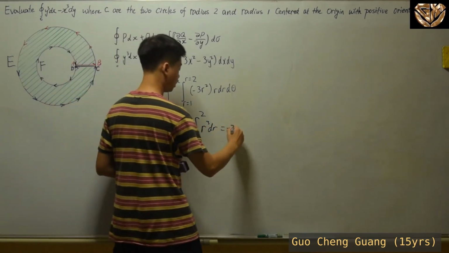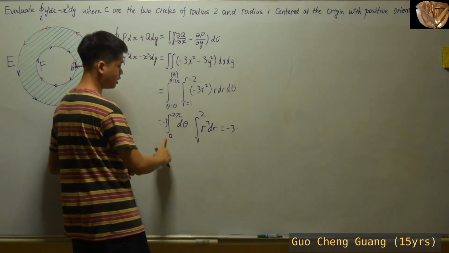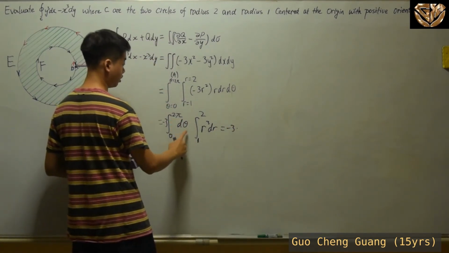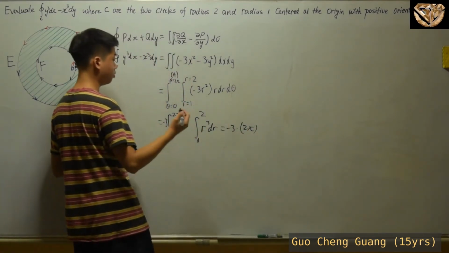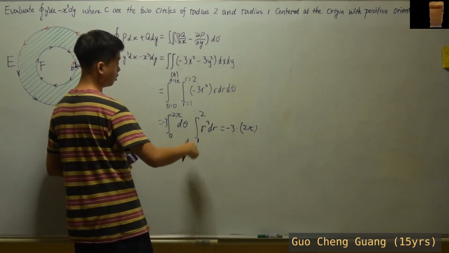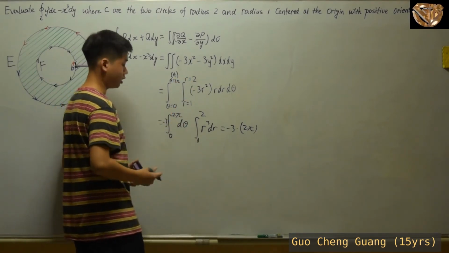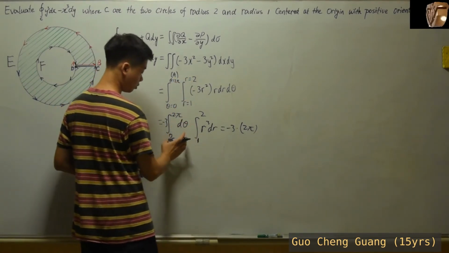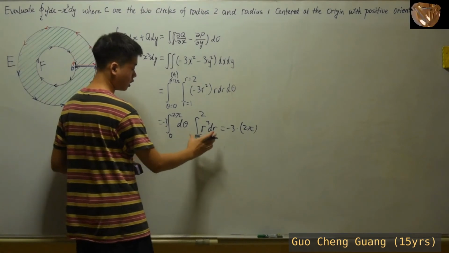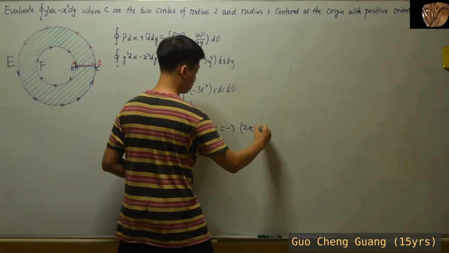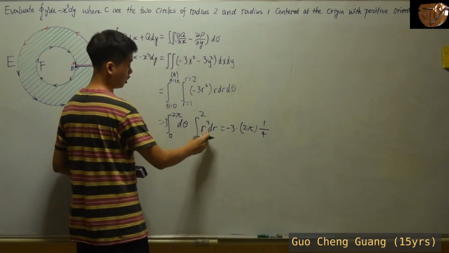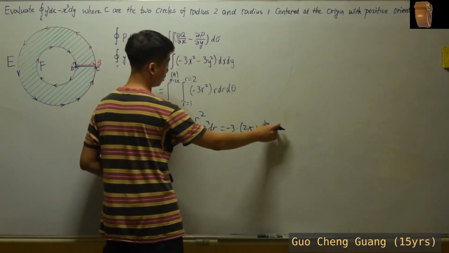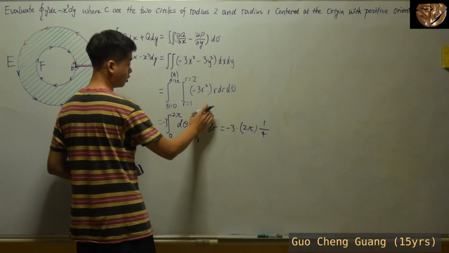So what do you have here? Negative 3 stays on the outside. Then integrate from 0 to 2 pi d theta, which is essentially 2 pi minus 0, or substitute theta with 0 and 2 pi, whatever you like to write it as. So this part here becomes 2 pi. Now what happens to this part? Once again, your basic integration formula: r cubed, you have 1 over 4, and then r to the power of 4, substitute in 1 and 2.